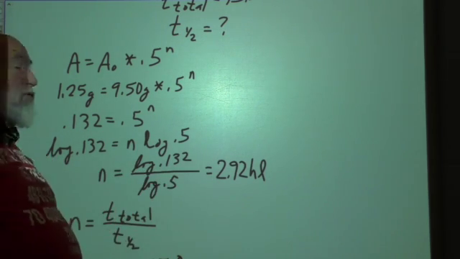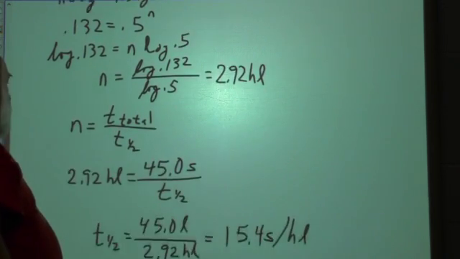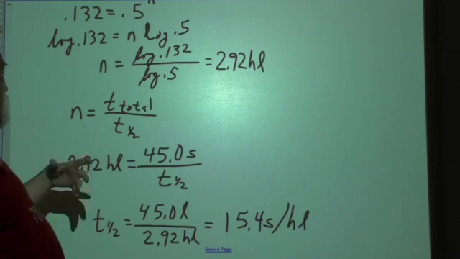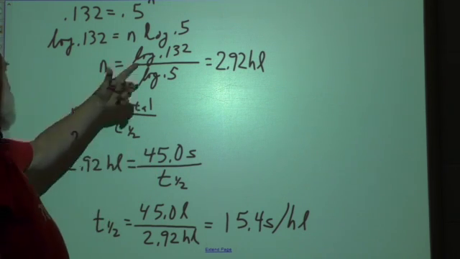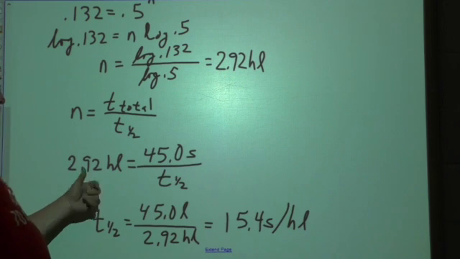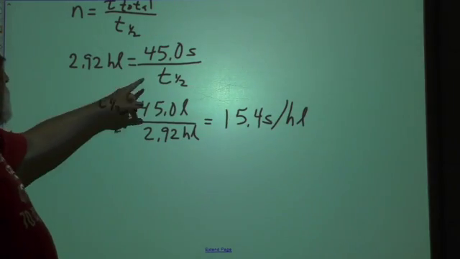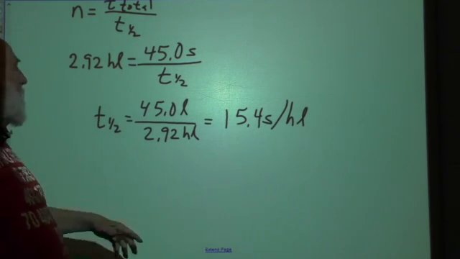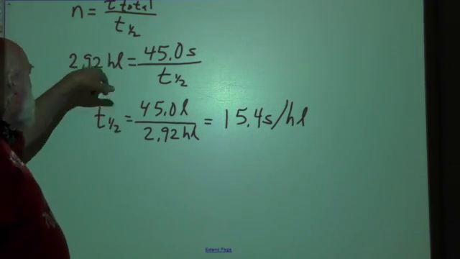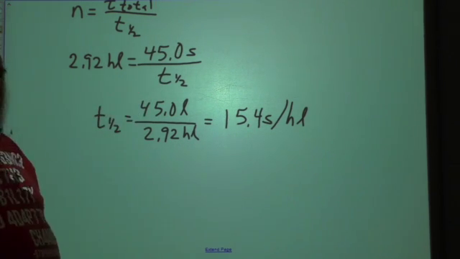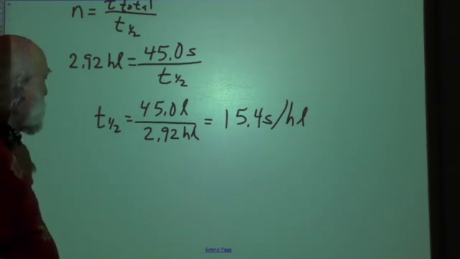Now we go to the half-life formula, the n formula, which is the total time divided by the half-life. Well, we said the total time is 45 seconds. We know the number of half-lives is 2.92, so we can calculate the half-life by switching these two. Algebraically, you can multiply and divide, or just switch these two around, because that's in the end what's going to happen.